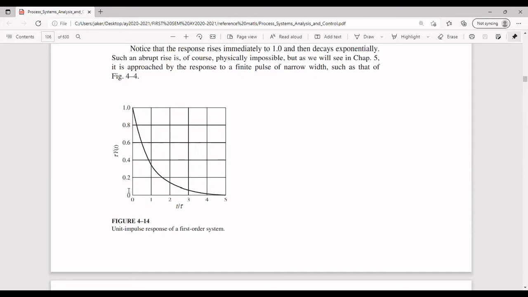In our case, that would be our h1 of t. And since our magnitude is 5, whatever is your readout here, since it's a unit impulse forcing function, you just multiply it by 5 because our magnitude there is 5. At the initial, we just envision our h1 of s having no magnitude, it's just 1.